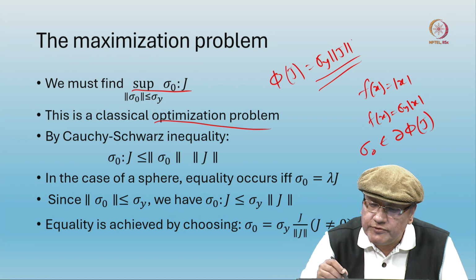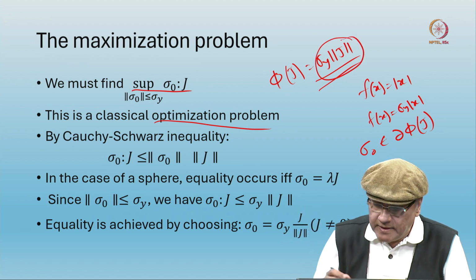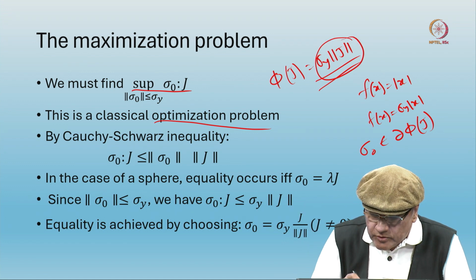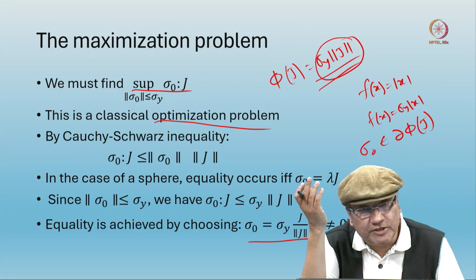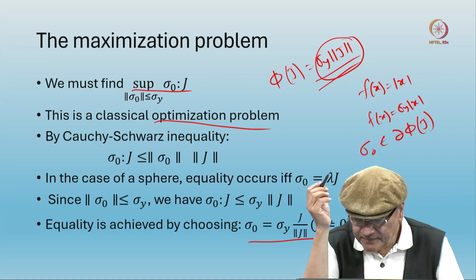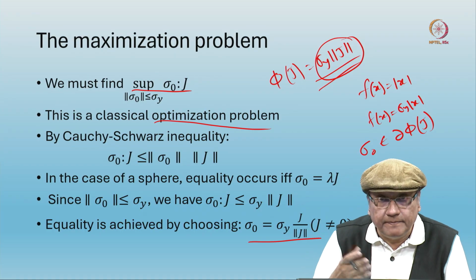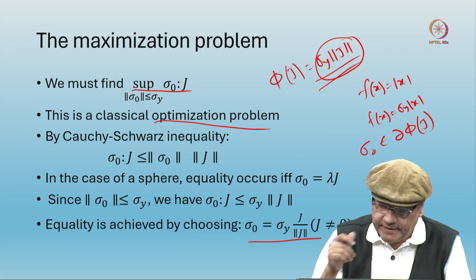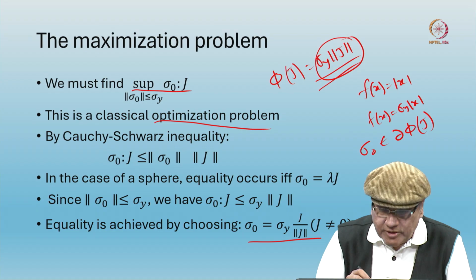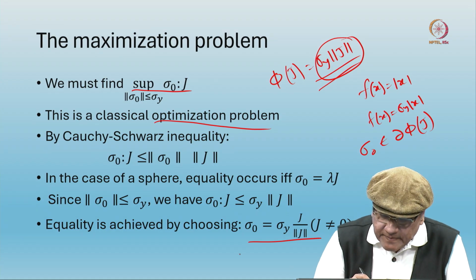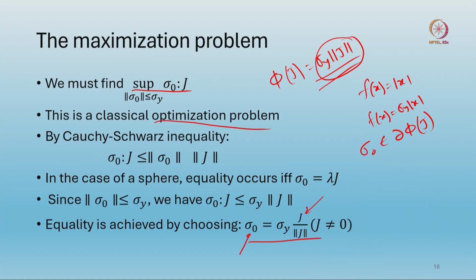For j not equal to 0, this function is perfectly differentiable and it gives you sigma 0 equal to sigma y times j divided by the norm of j, right, for j not equal to 0. This division makes sense, right, division by norm of j. So you clearly see that the tensorial direction of sigma 0 is the same as the tensorial direction of j. Sigma y is after all the magnitude of sigma 0.